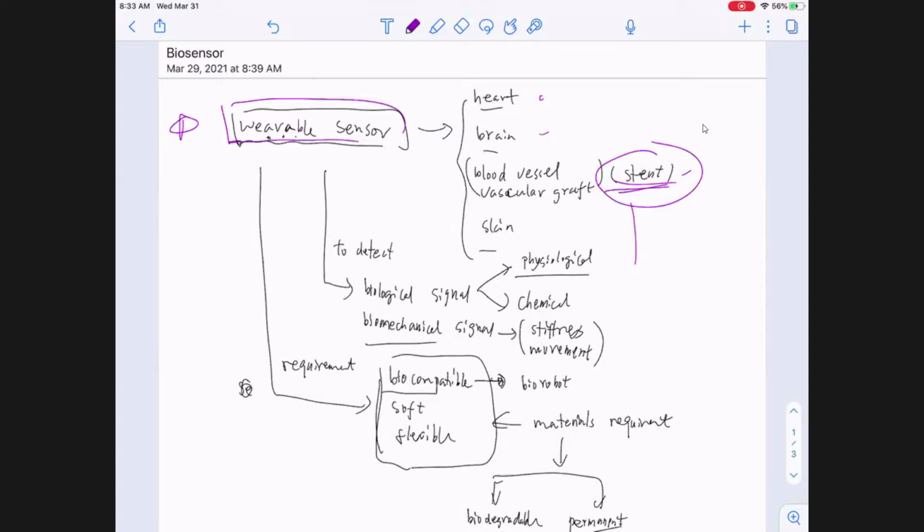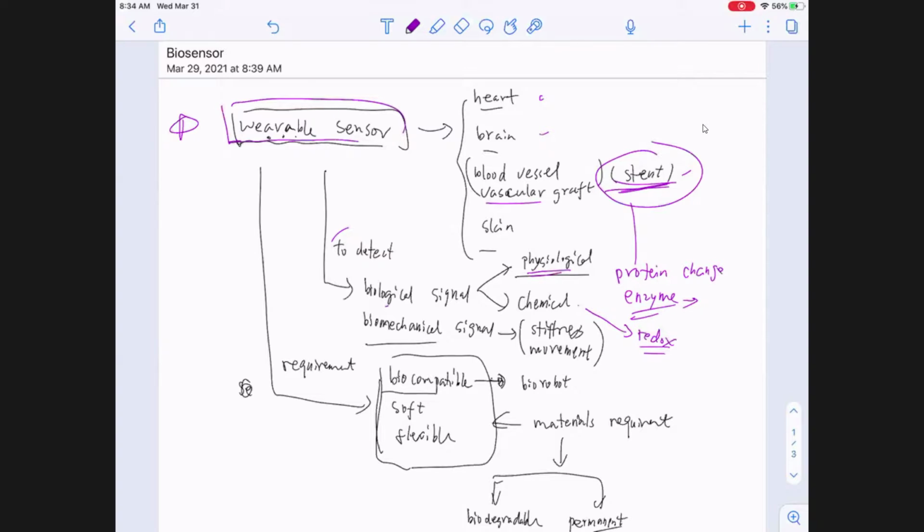You need a wearable sensor inside your stent or vascular graft, basically to detect biological signals, which could be physiological, or enzyme and protein changes, like the lactose or the glucose. There are enzyme changes, and some chemicals, which we generally call a redox reaction.